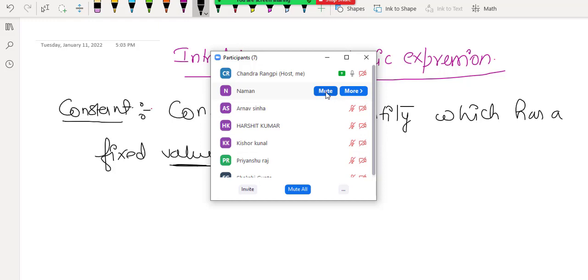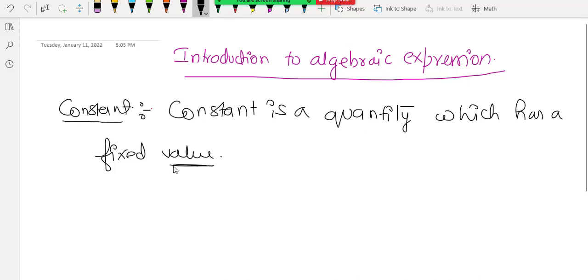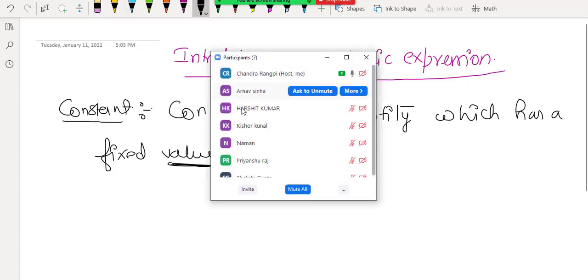Naman, keep your mic off. So what is the meaning of value actually here? Can anyone tell me what is value? Anyone? Nobody?